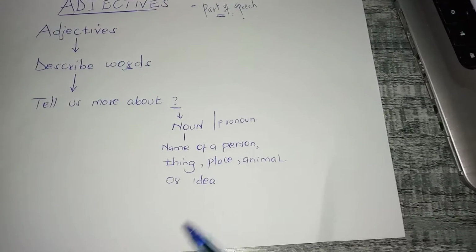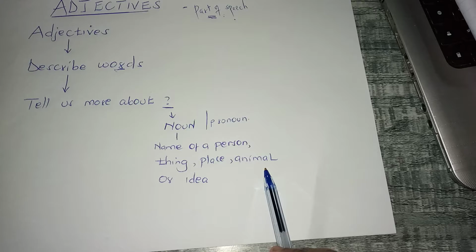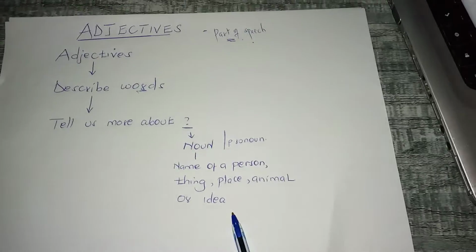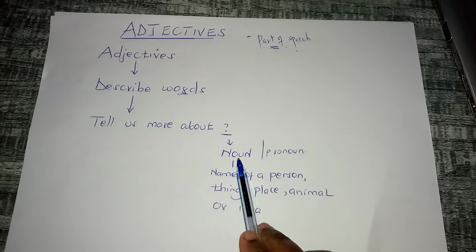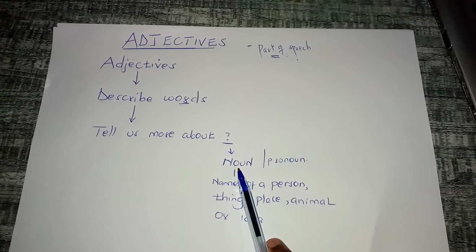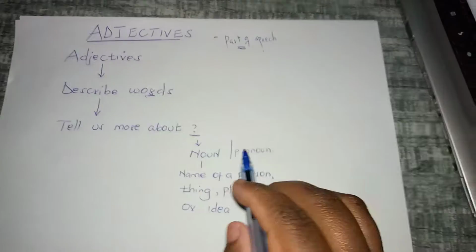A noun is a name of a person, thing, place, animal, or an idea. So adjectives are used to describe a noun. They tell us more about a noun, that is description.